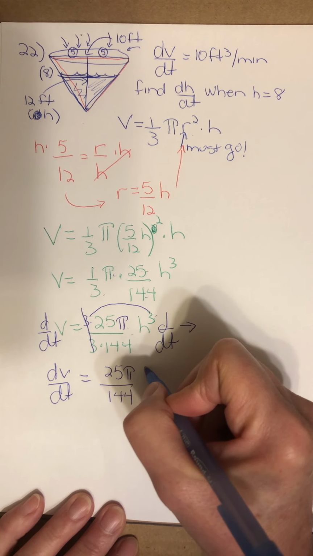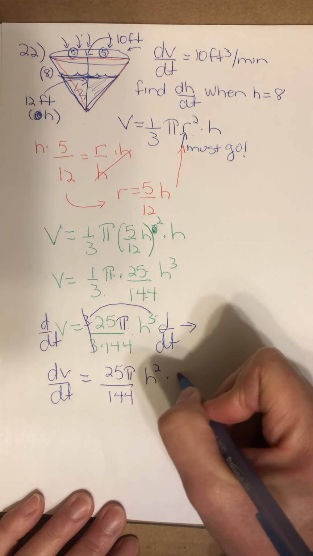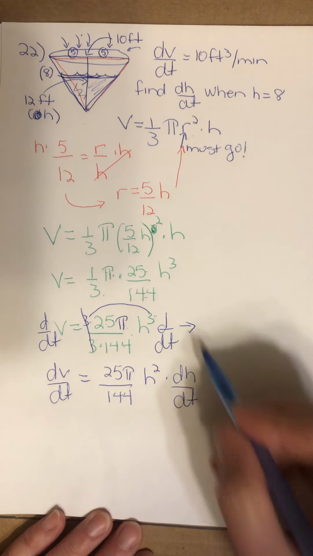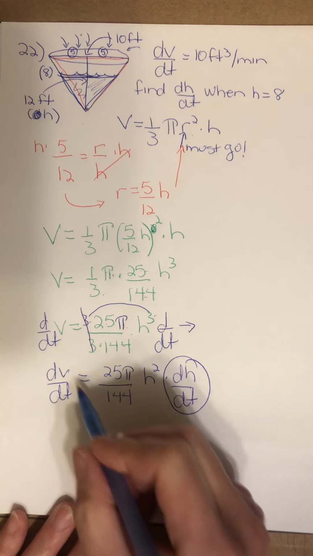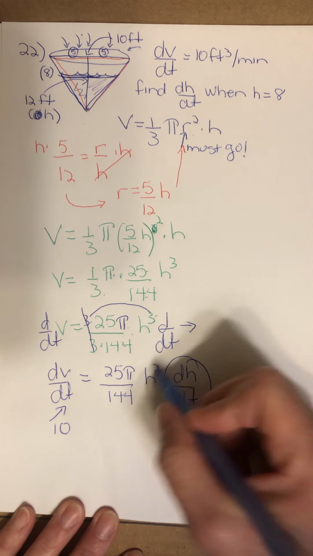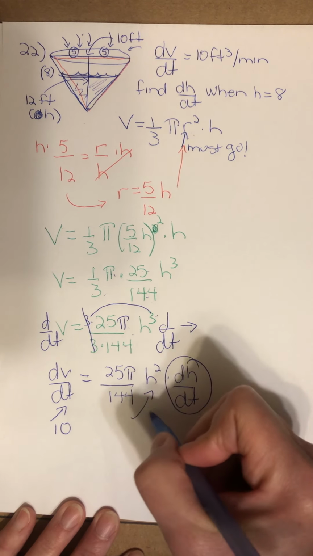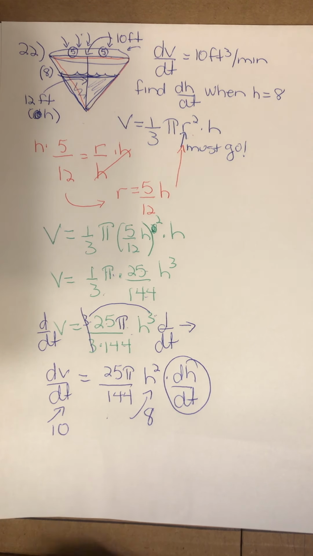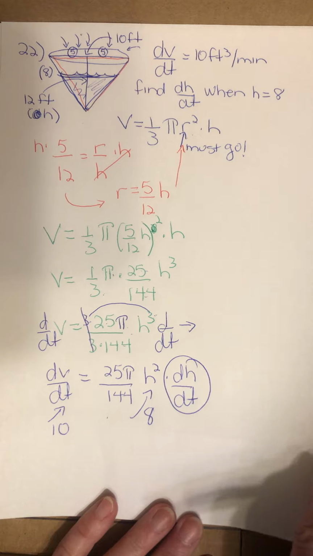We reduce the exponent by 1 and multiply by dh/dt. And they were asking us to find dh/dt, so we need everything else. dV/dt is 10, right? And they gave us when h is 8. There we go. So you can do the rest of the math yourself on that one.